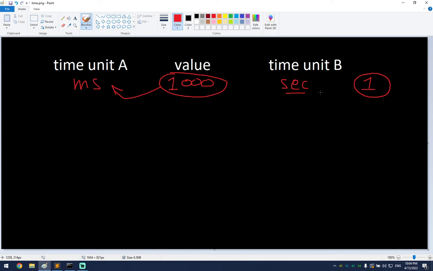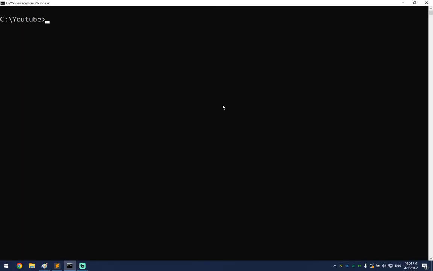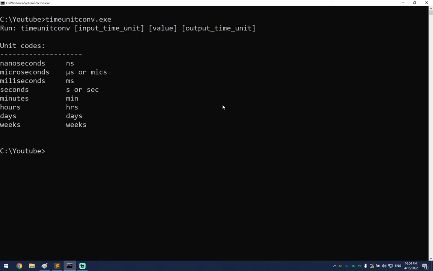So it's a very simple definition of the program, okay? So how will we implement this in a convenient and clear way, right? So this is the help function that our user will require to know how to run the program. So if I go ahead and just run my code here, without giving any arguments, I will be prompted to give an input time unit, a value, and an output time unit, okay?